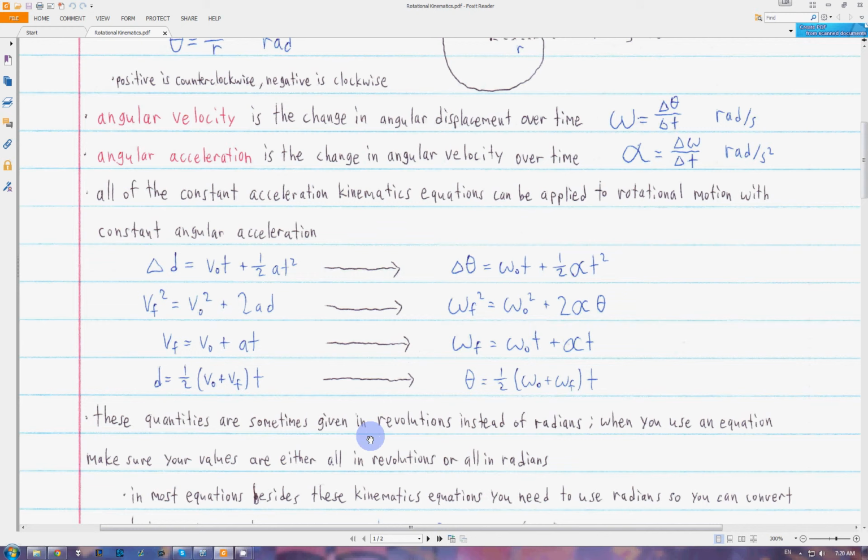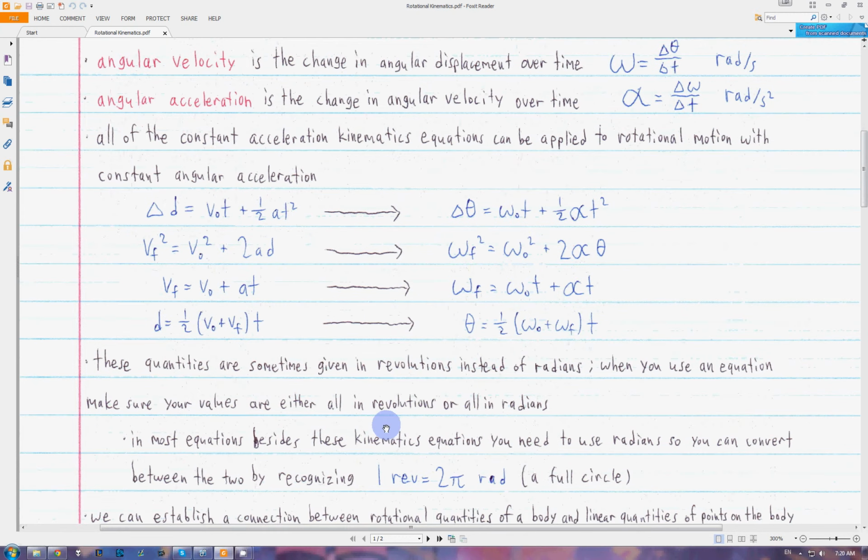Sometimes in a problem you'll get some of these quantities, such as this angular displacement, in revolutions instead of radians. A revolution is one full turn of the object. So when you solve these kinematics problems, you have to make sure all your quantities are either all in revolutions or all in radians.